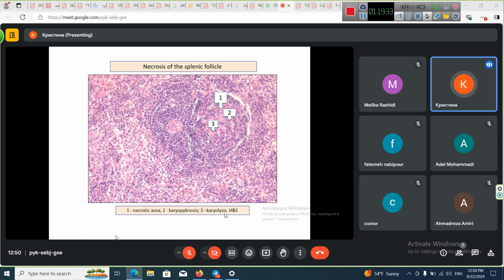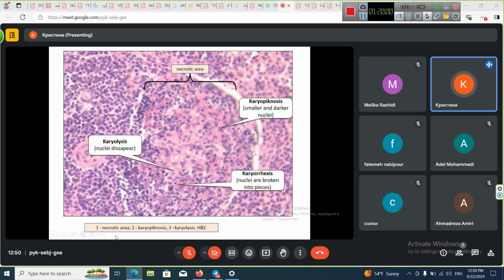So we will see these karyopyknosis and karyolysis events only if we make the high magnification, because we should look closer to cell nuclei. These processes describe what happens to cell nuclei. Karyon is Greek for nucleus.